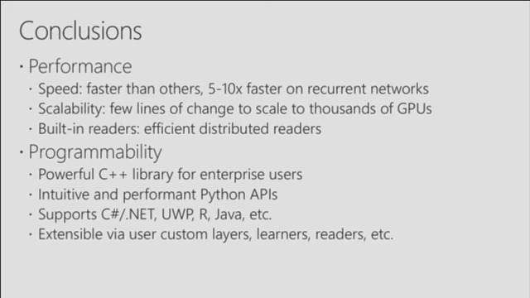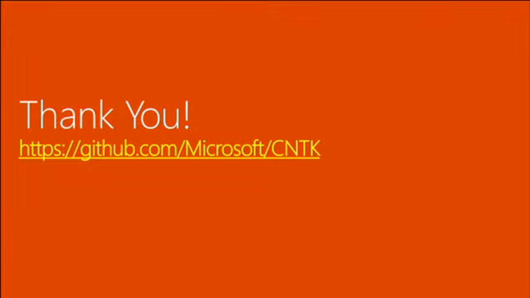And in terms of programmability, we have a full powerful C++ library for enterprise users, and we have Python, C#, R, Java, etc. CNTK itself is also very extensible via custom layers, learners, readers, etc. So that's all I have. Go to GitHub and try CNTK and give us some feedback. Thank you.